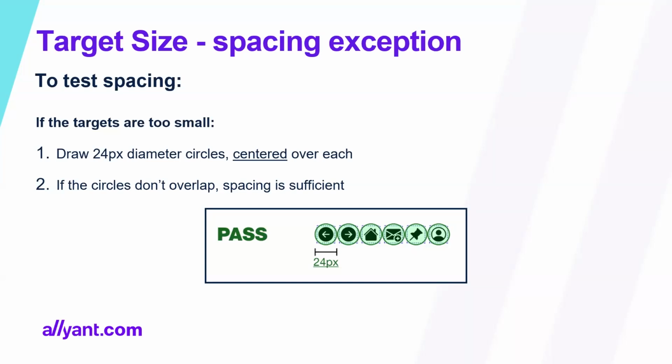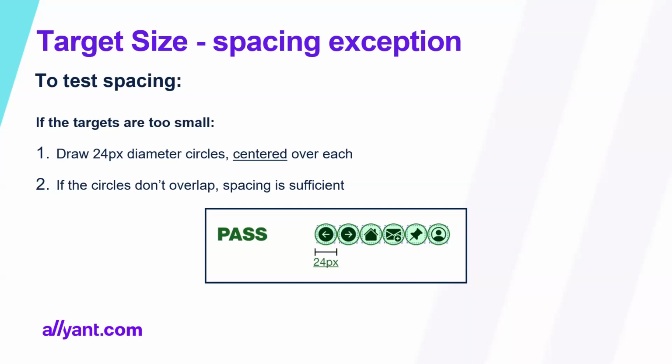So what you do is you draw a 24 pixel diameter circle that's centered over each checkbox or each icon, right? So if you've got a series of icons, you draw your 24 pixel diameter circle centered over each one.